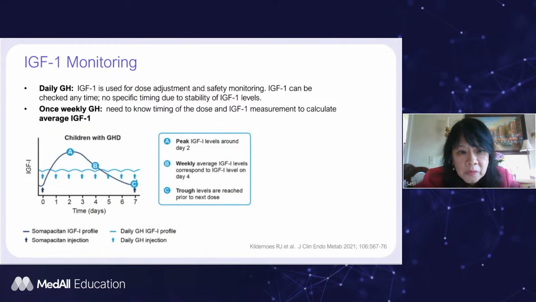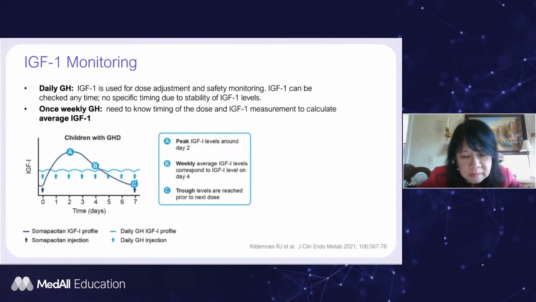And for daily growth hormone, if you look at the graph here, when you give daily growth hormone, the IGF-1 level is stable any day when you check IGF-1. But when we do once weekly growth hormone, you can see that there's a peak that goes up within 2 days of the injection, and then it will come down to the lower trough.